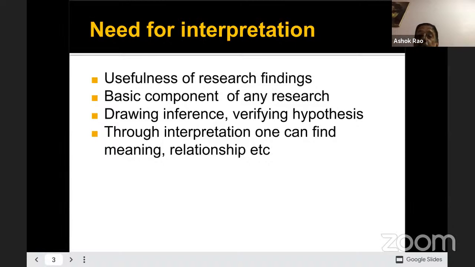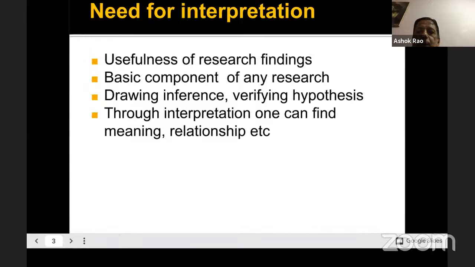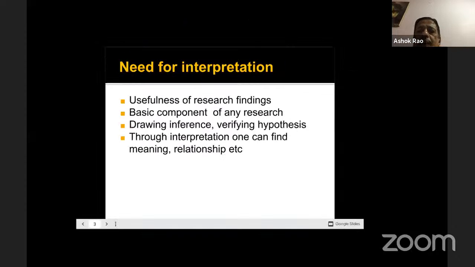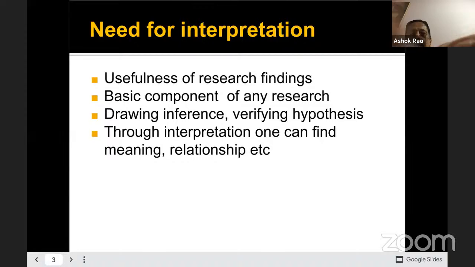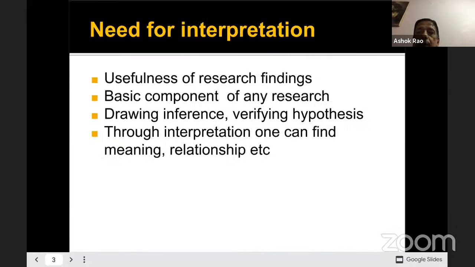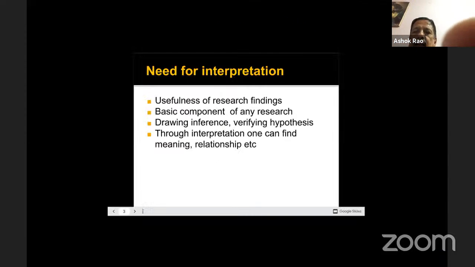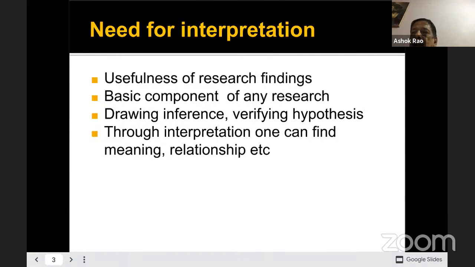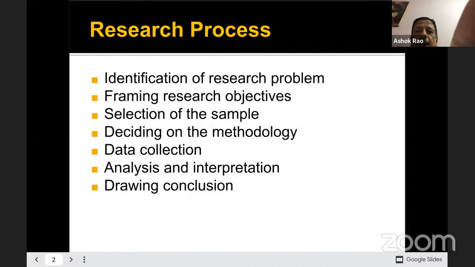So probably when we talk in terms of research, we say that in social science research, as I said, when you have a lot of data, and when you start analyzing the data, you may do what is called post hoc analysis. So what do you mean by post hoc analysis?